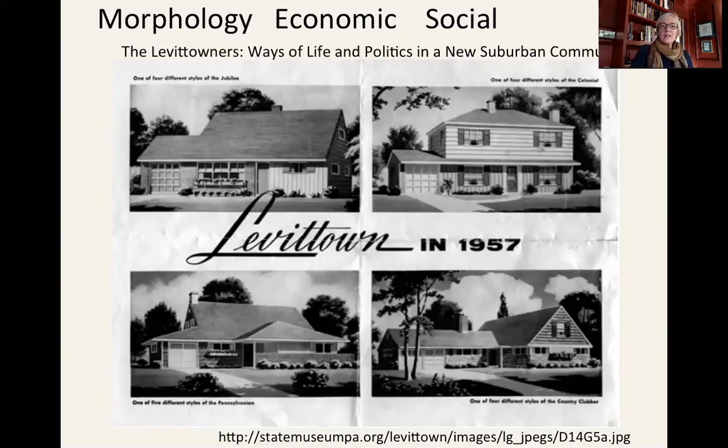Single-family homes, this is basically the beginning of the suburbanization of the United States. The suburbs, Levittown is the most famous of those. These are World War II vets. You can get incredible prices for a home.